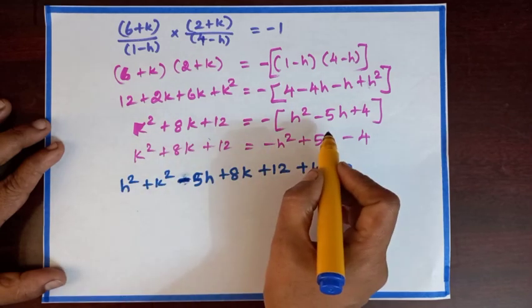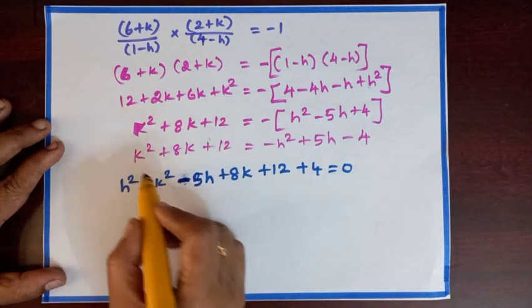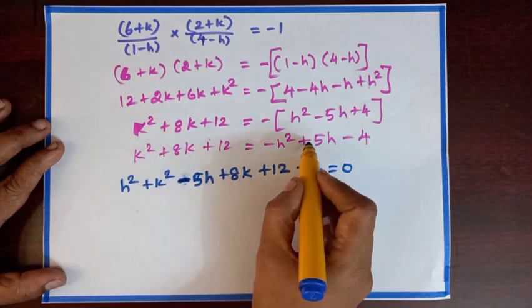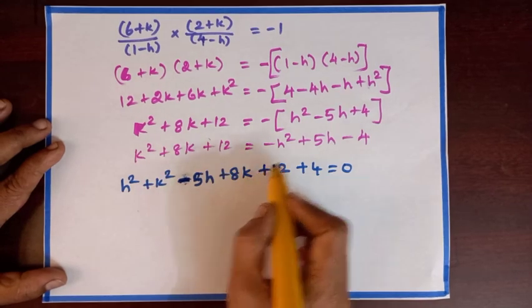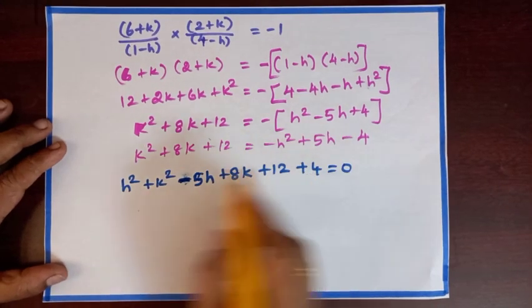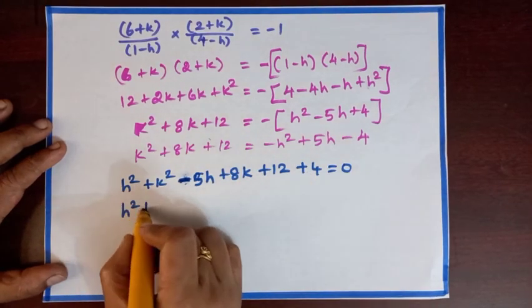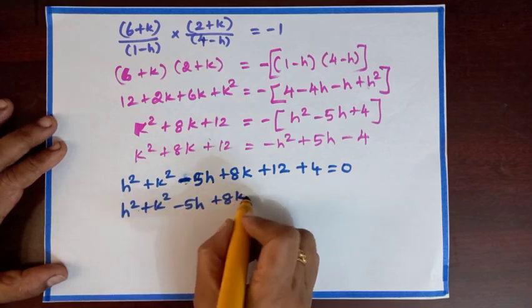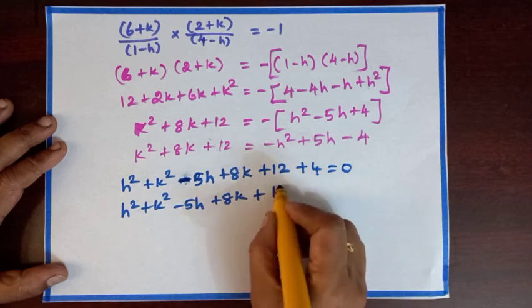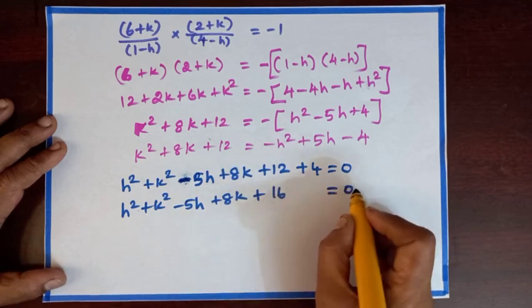Now I am going to bring the right hand side to the left hand side. Then we get h² + k² - 5h + 8k + 12 + 4, which is 16, equals 0.